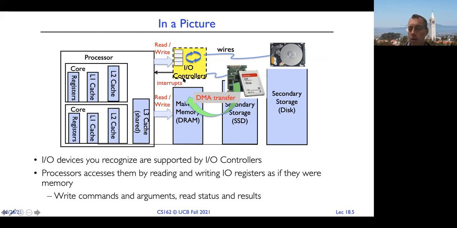And this controller, as the name implies, controls these devices, because these devices are different. In some sense, this yellow box provides a magical interface, which is reasonably uniform across all the devices, to the processor and to the programmer. But in the back it is doing the heavy lifting to uniformize these APIs by dealing with such a heterogeneous set of devices.